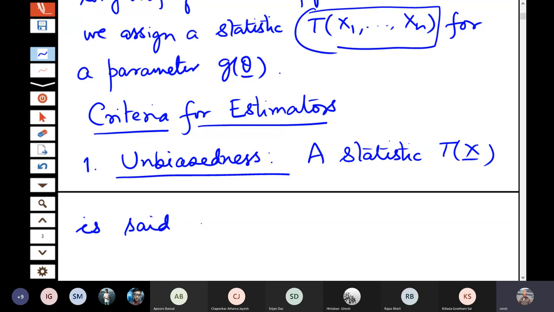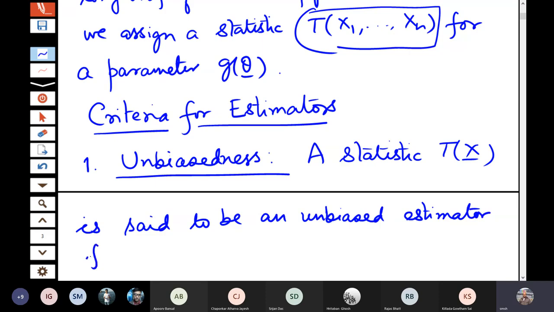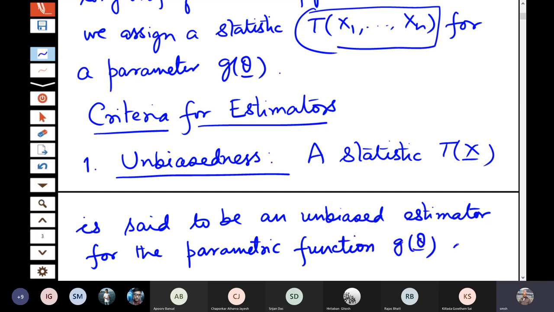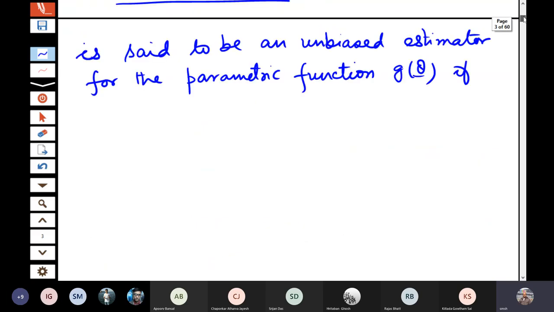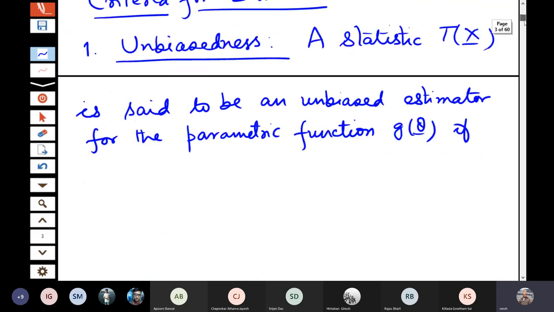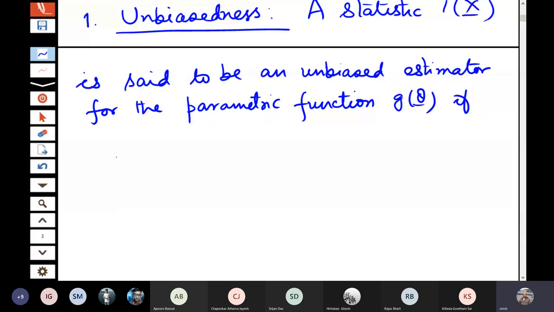So a statistic T(X) is said to be an unbiased estimator for the parametric function g(theta) if expectation of T(X) is equal to g(theta).